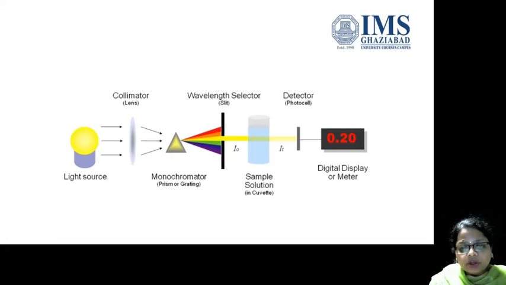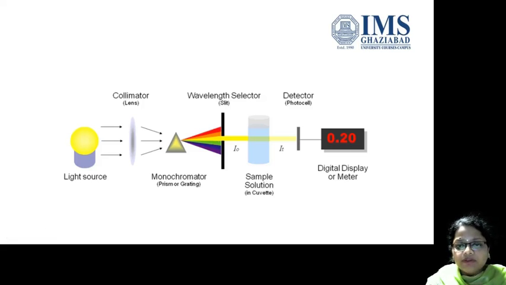This is the pictorial representation of the instrumentation part. We have the light source, we have the lens. This lens converges light to the monochromator, which can be a prism or a grating. Now this monochromator splits the light into individual wavelengths, and this slit allows the appropriate wavelength to pass through it.